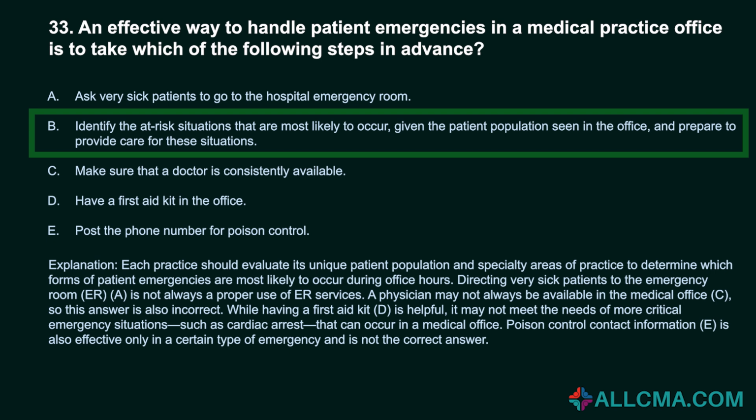While having a first aid kit, D, is helpful, it may not meet the needs of more critical emergency situations, such as cardiac arrest, that can occur in a medical office. Poison control contact information, E, is also effective only in a certain type of emergency and is not the correct answer.